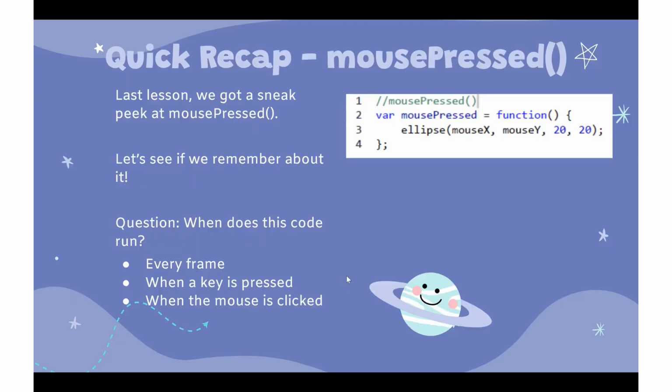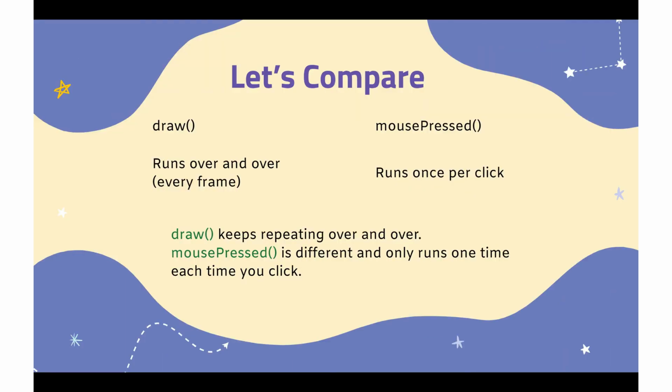We're going to do a quick recap question. Look at the code over here. The question is, when does this code run? Every frame, when the key is pressed, or when the mouse is clicked? The answer is when the mouse is clicked. Let's compare.